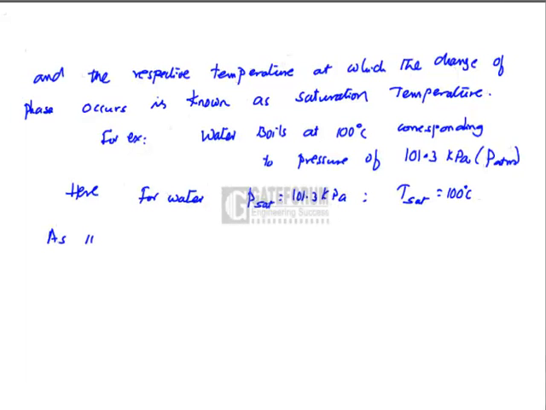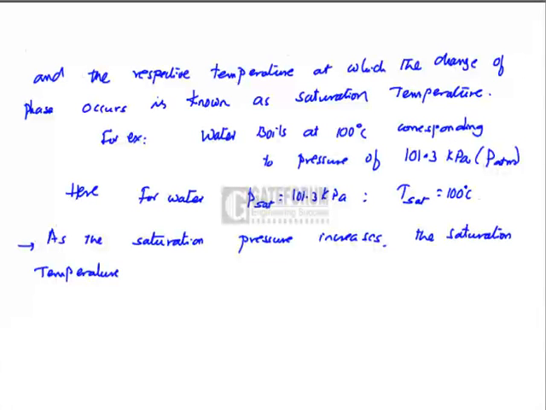As the saturation pressure increases, the saturation temperature also increases. That means as the pressure on the water increases, say from 101 to 107, the water may boil at, say, 102 or 103 degrees centigrade. So as the saturation pressure increases, the saturation temperature also increases.